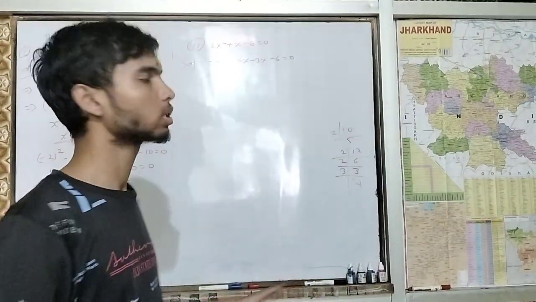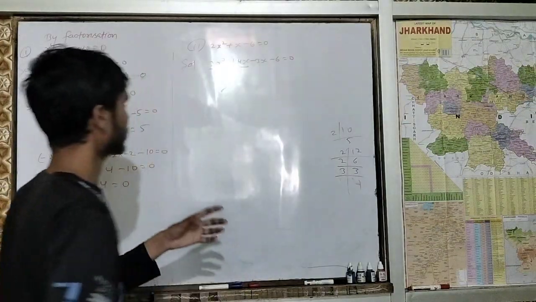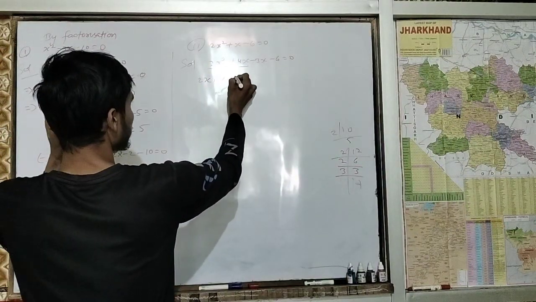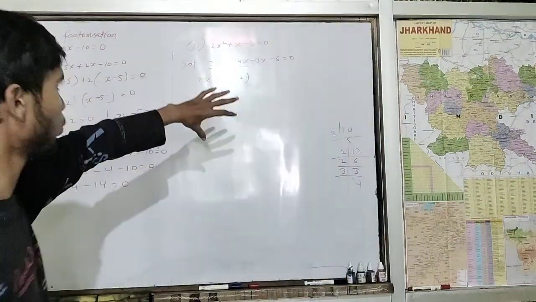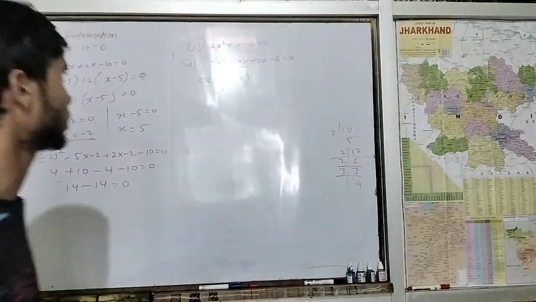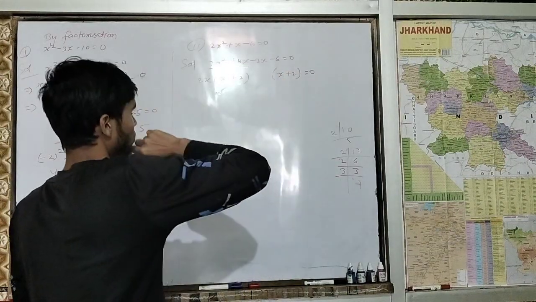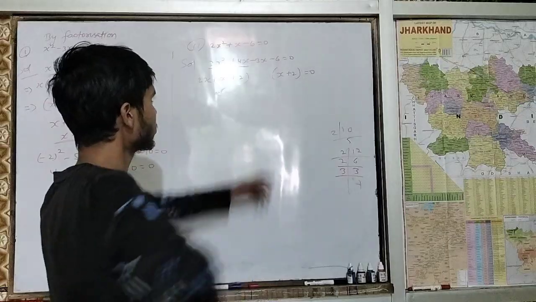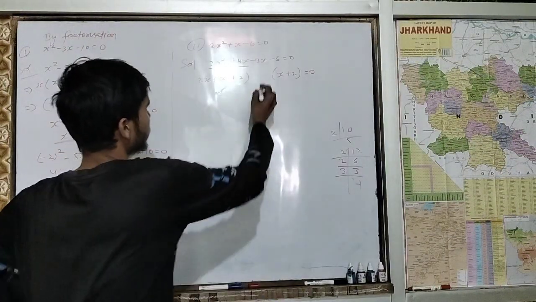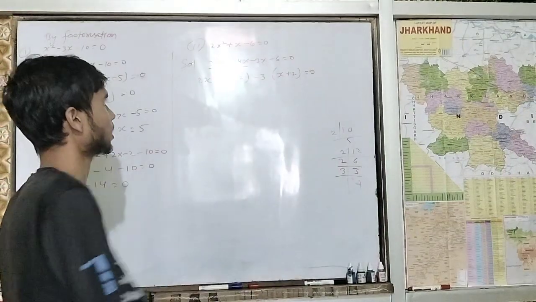Whatever is common, write on one side. In the first 2 terms, 2x is common, and 2x times x is 2x square, 2x times 2 is 4x. Yes, it is correct. x plus 2 is equal to 0. What should be the number here? I think minus 3. Yes, minus 3, then minus 3 times 2 is minus 6.